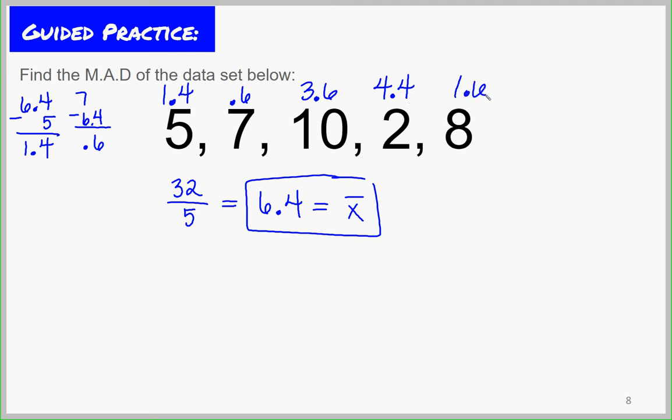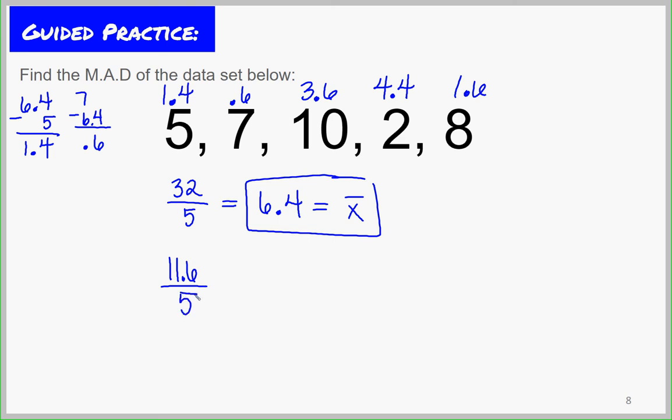So that's the hardest part whenever you do get those decimals. But again, you have that calculator option where you guys can just subtract. So now we're on to step 3. Add up all your distances. 1.4 plus 0.6 plus 3.6, until you get a total of 11.6. Divided by your numbers, you have 5.